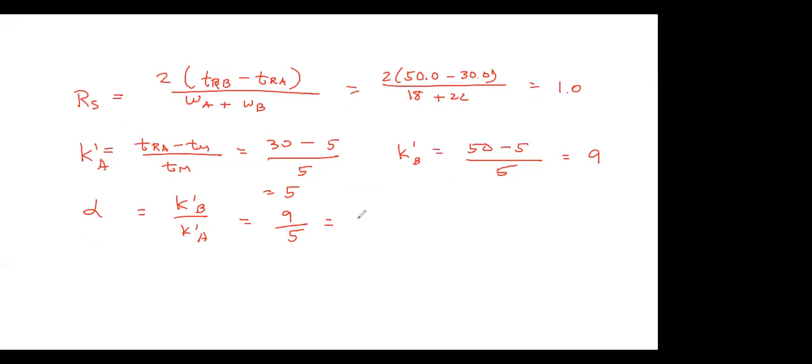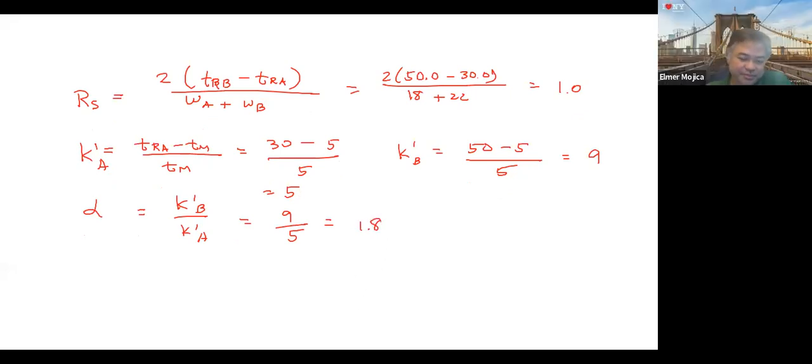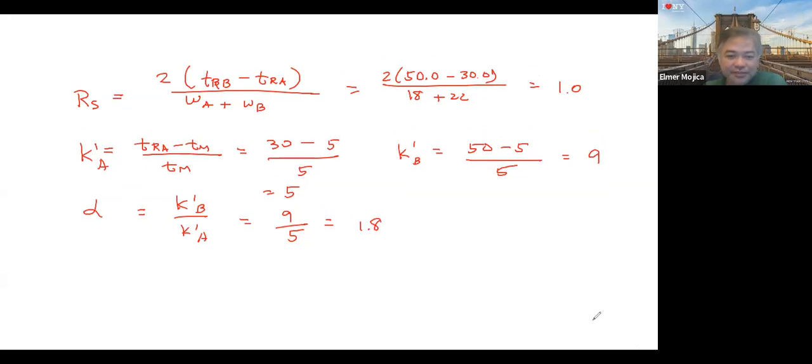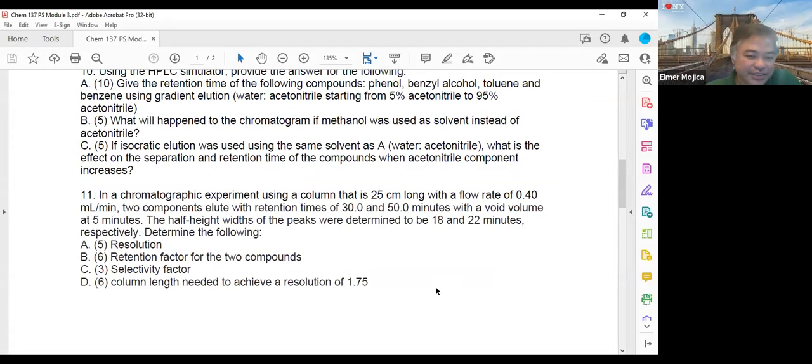Now, this next one is challenging, because most of my students got this wrong last time. The column length needed to achieve a resolution of 1.75. So what do we need to solve?